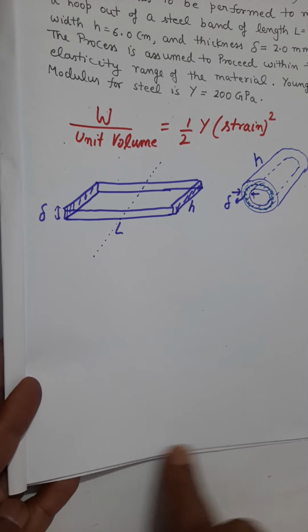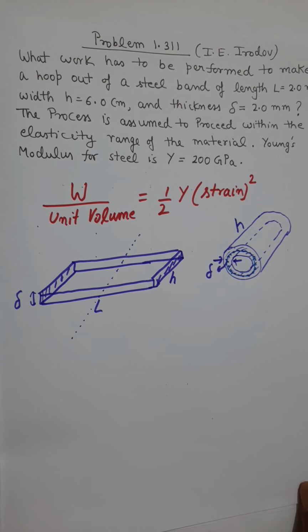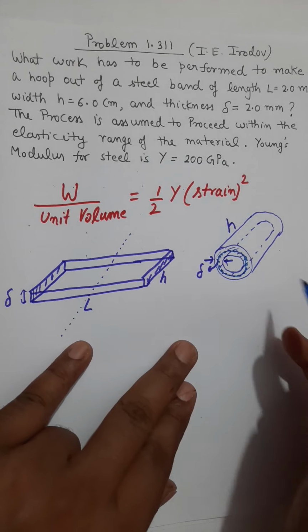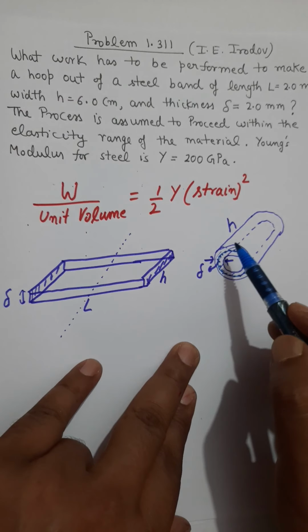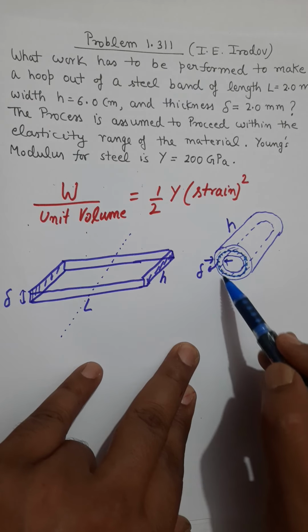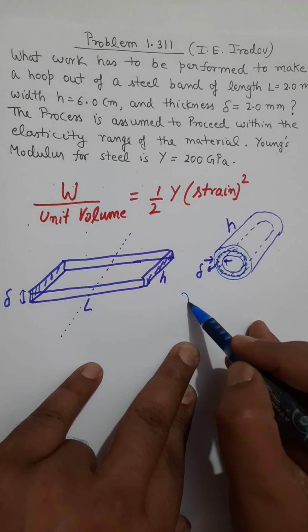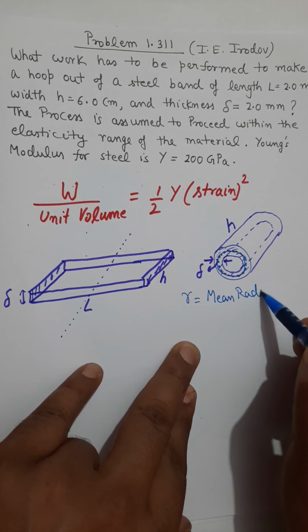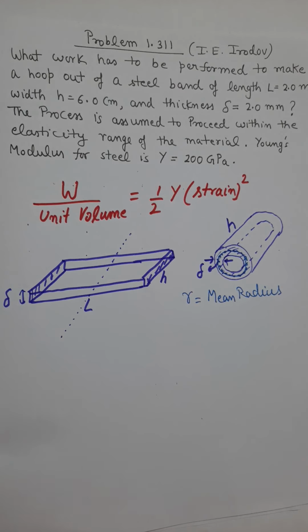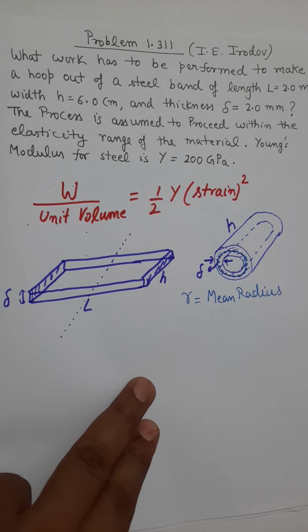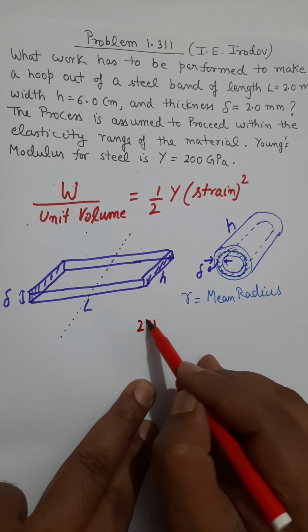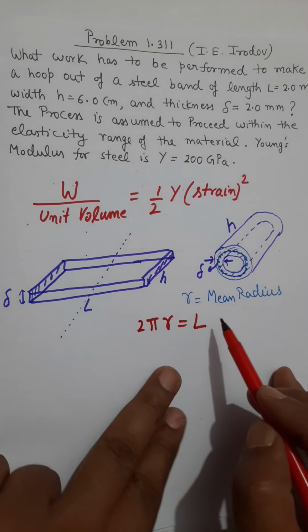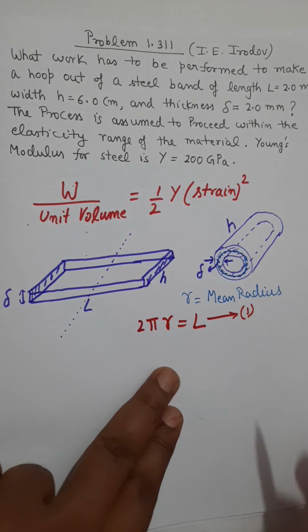And this is exactly what we are doing in this question. So this is the mean circumference, the average length of the circumference. If r defines the mean radius, then you can write one equation: circumference 2 pi r corresponding to the mean radius should equal its length L. Point number 1.